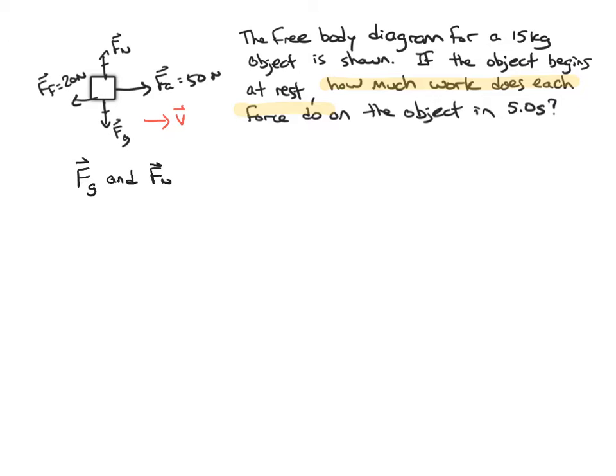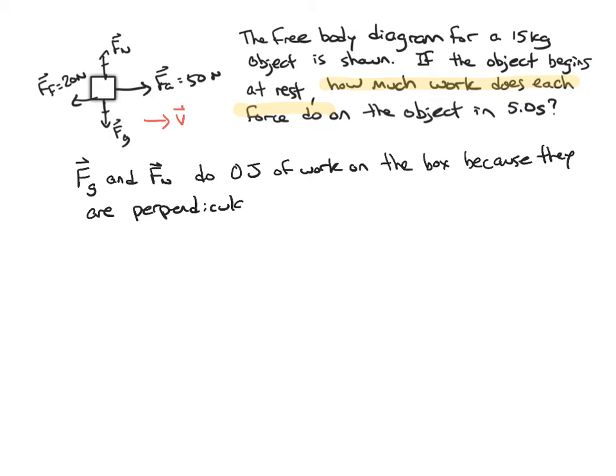So force of gravity and normal force do 0 joules of work on the box, because they are perpendicular to the motion. All right, so there's 2 answers.